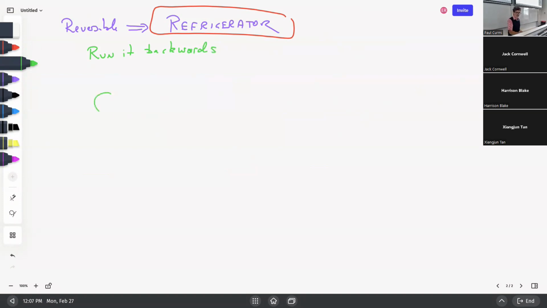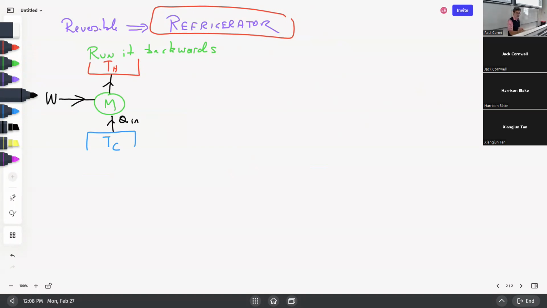So I've got my Carnot engine, whatever that is. I've got my hot reservoir, T hot, and my cold reservoir, T cold. And I'm running this backwards. So I do work to drive this Carnot engine. What it's going to do now is suck heat up from the cold bath and transfer it to the hot bath.